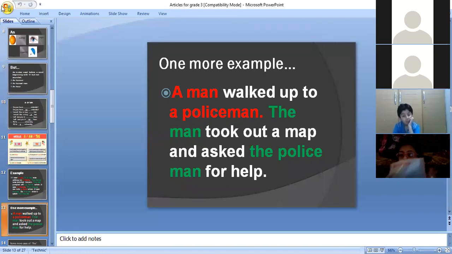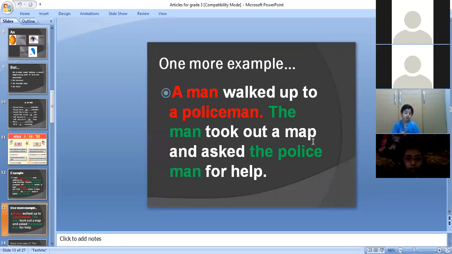So here, a man, M is a consonant letter. And we don't know about the man, who walked up to a policeman. But here, I have used "the man" because now we know that we are talking about the man who walked up to a policeman.